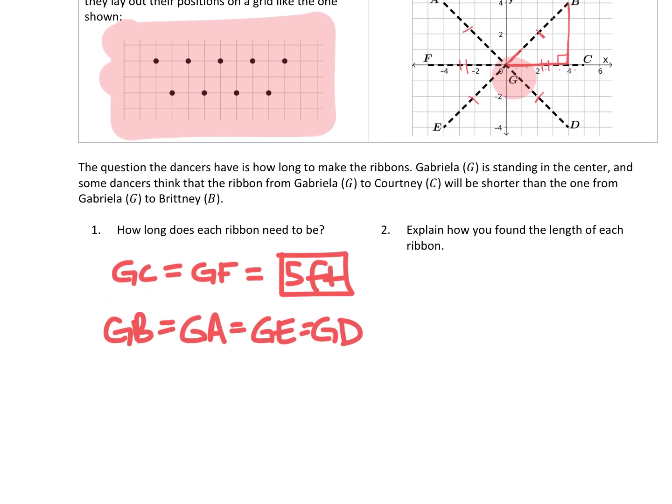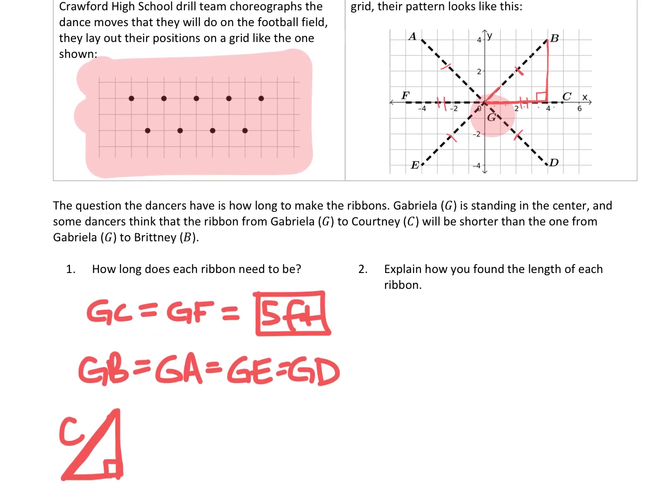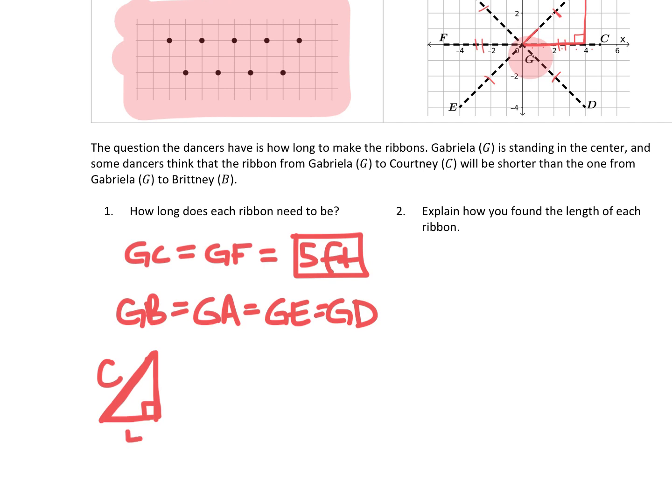So we've got this right triangle going on, right? We don't know the slanted length here. Typically the slanted length is called the hypotenuse, so I call it C. Here's our right angle, and it looks like one of the sides is 4 boxes, so like 4 feet, and the other is also 4.